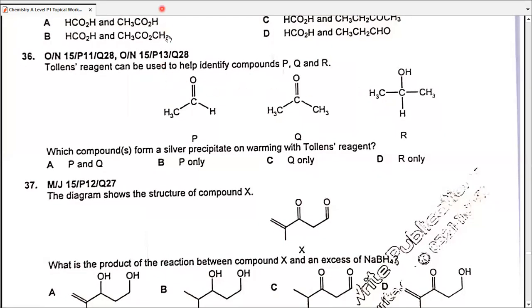Do remember that methanoic acid is the only carboxylic acid that comes out positive with Fehling's solution. None of the other carboxylic acids do. Yes.